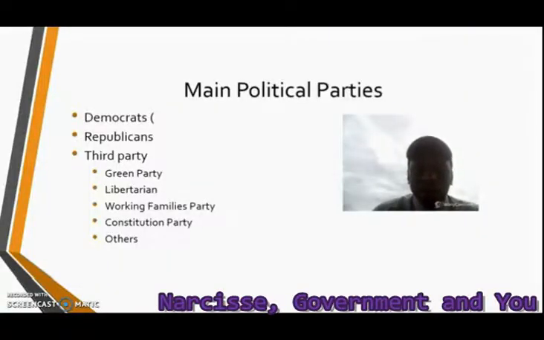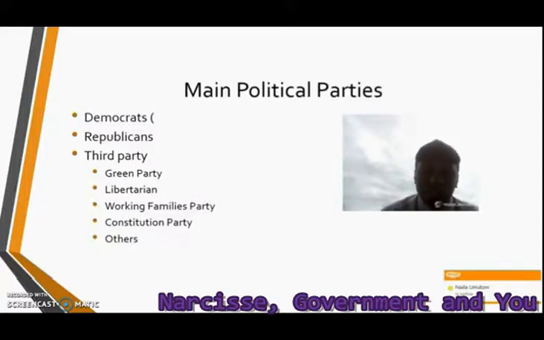Let's talk about main political parties. There are Democrats, Republicans, and Third Party. The Third Party is composed of other parties such as Green Party, Libertarian, Working Families Party, Constitution Party, and others. So far, the United States has been ruled by presidents from the main two parties.